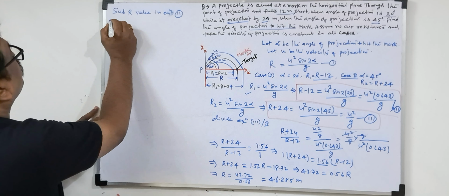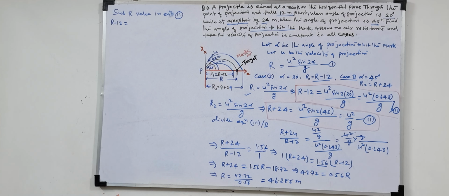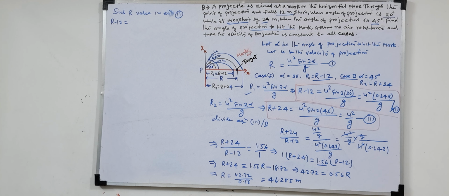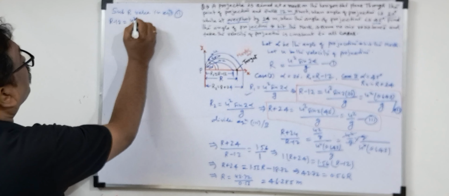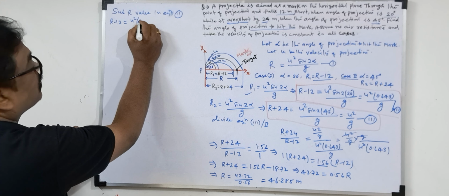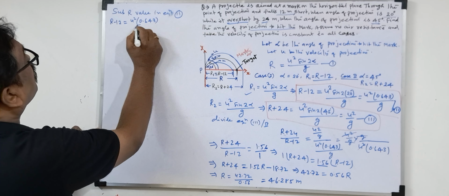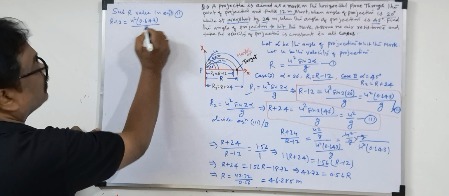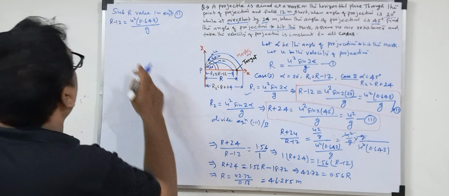So R minus 12 equal to u square into 0.643 by g. The R value we will now substitute here.